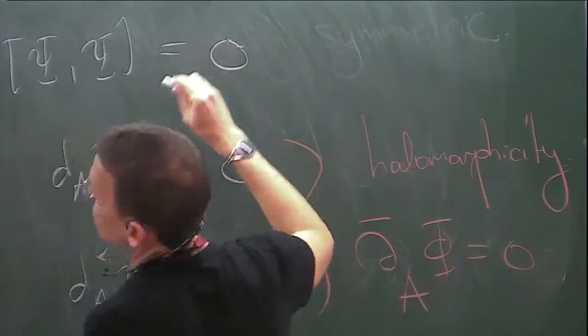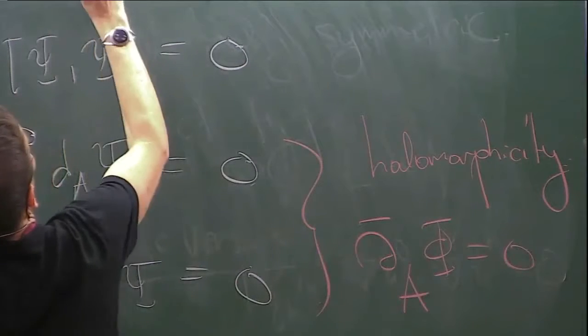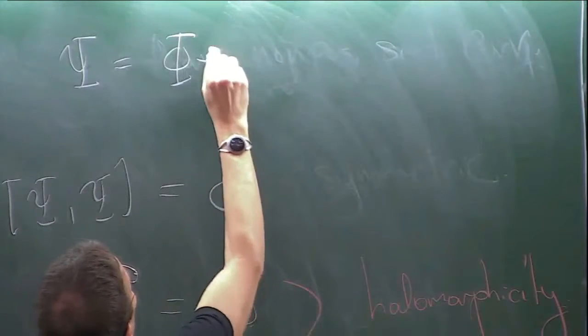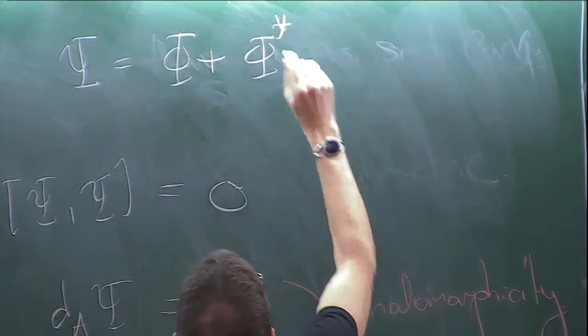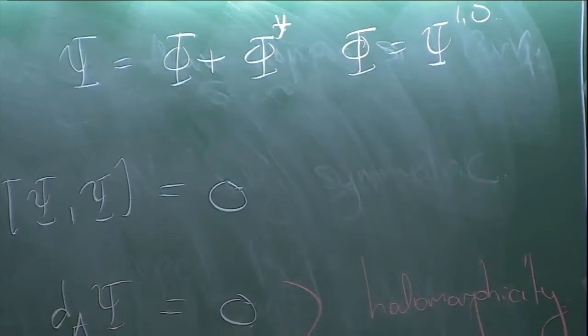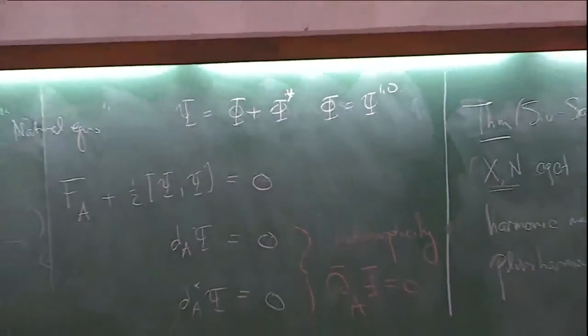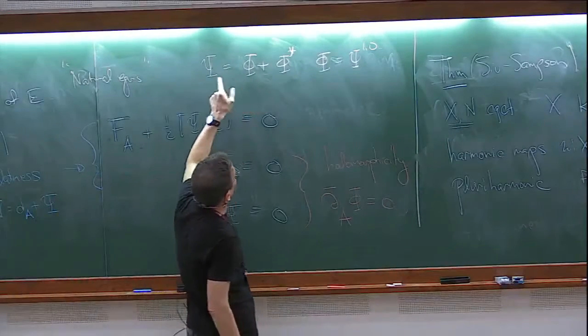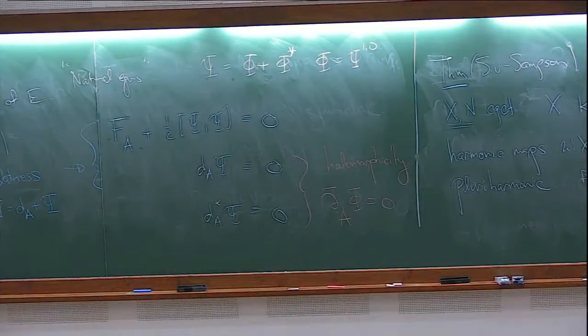And what is phi? So here I can write psi. Since I'm on a Kaehler manifold, I can write psi in terms of its 1,0 and 0,1 parts. So this is saying that this one form with values in the endomorphism bundle, this one form is harmonic, and so if I take the real and imaginary parts of this holomorphic guy, that's psi, and so real and imaginary of holomorphic is harmonic.